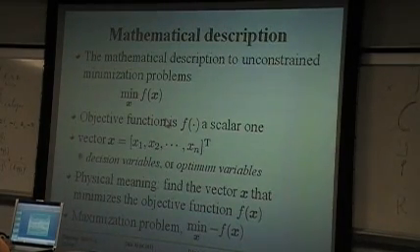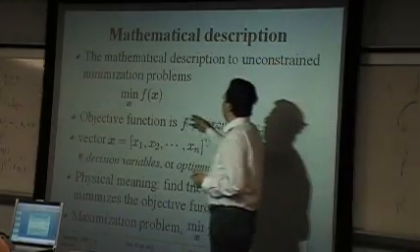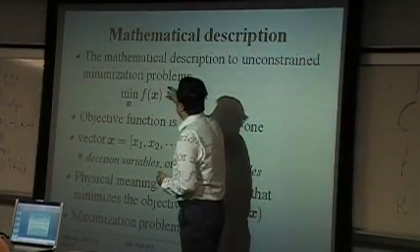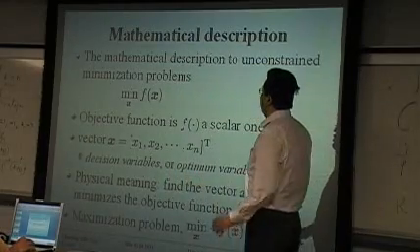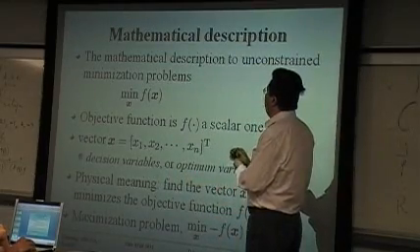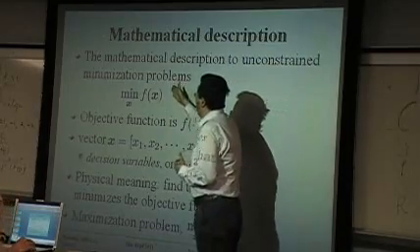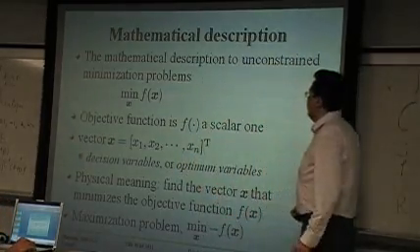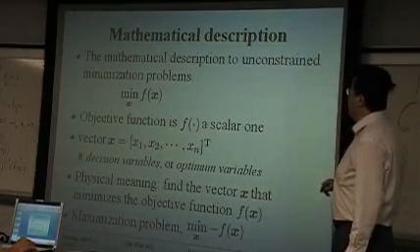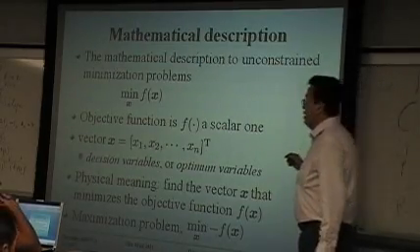The mathematical form for an unconstrained optimization problem is something like this. And I do not want you to know too much about it, just to know the physical meaning of this one, that's enough. If you are interested, you should read more papers or books on it.